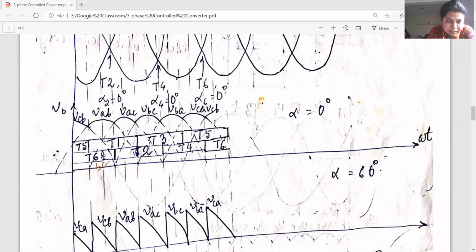That means two thyristors together conduct for an interval of 60 degrees. So this is an interval of 60 degrees.